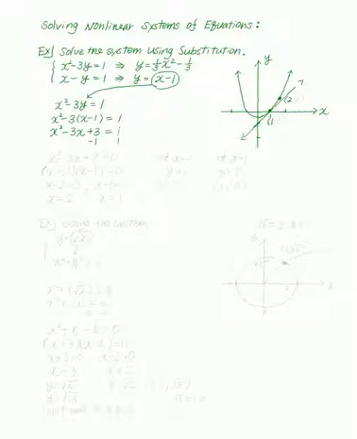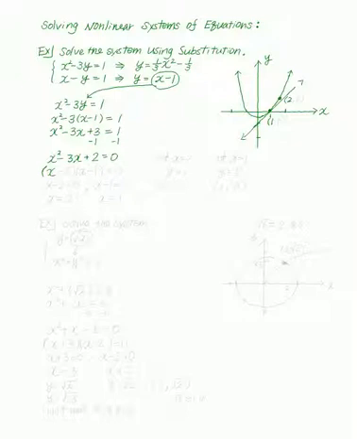And I'm going to notice we end up with a quadratic, which means I have to get the whole equation equal to 0. So I have x squared minus 3x plus 2 equals 0. Now I have a choice here. I can use the quadratic equation, or I could just factor it.